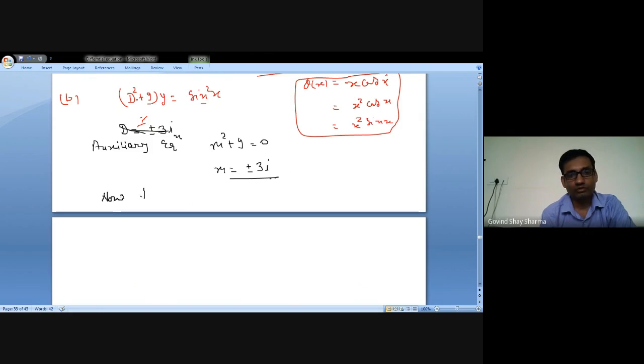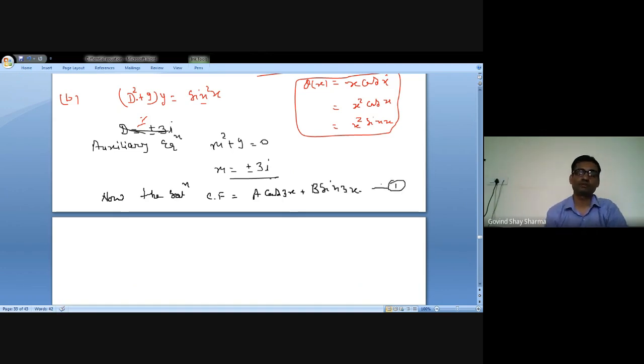Now the solution CF is equal to a cos 3x plus b sin 3x, because e to power alpha x. We know the CF is equal to e to power alpha x (a cos beta x plus b sin beta x) and alpha is equal to 0 here. Okay.